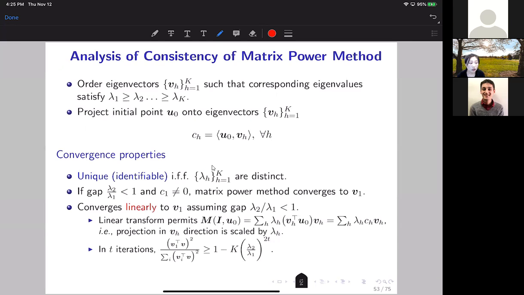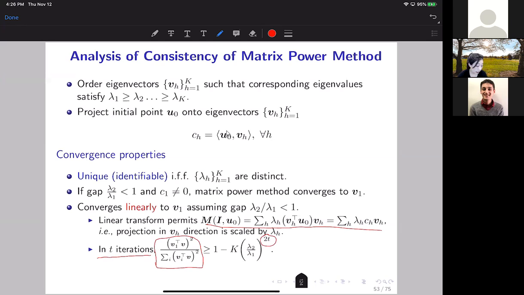You can see the analysis here. The linear transformation permits this form, which is nothing but what we've seen before. But more importantly, in t iterations, you will see this ratio is greater than or equal to 1 minus k times lambda2 divided by lambda1 to the power of 2t.